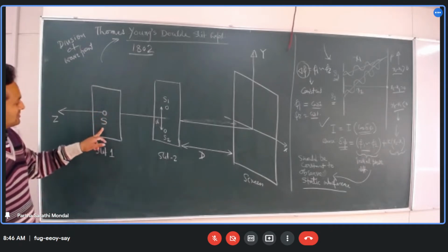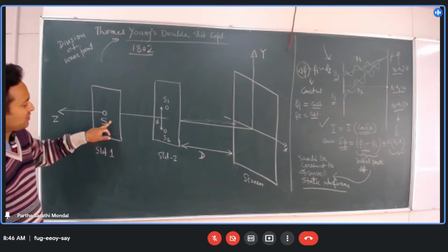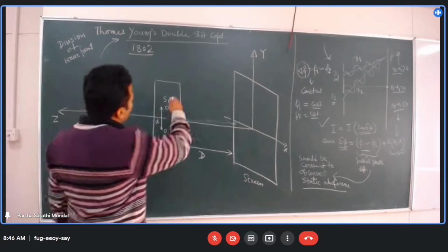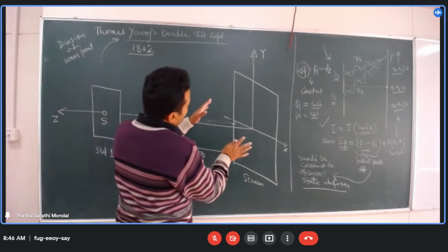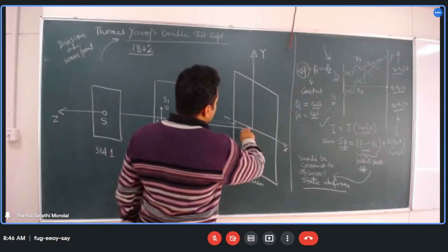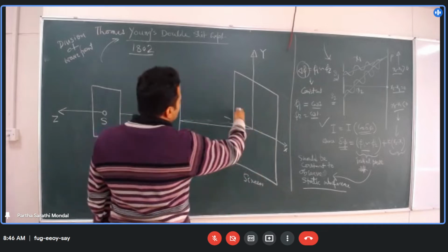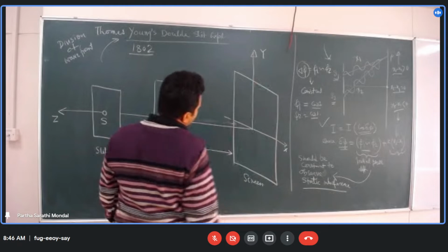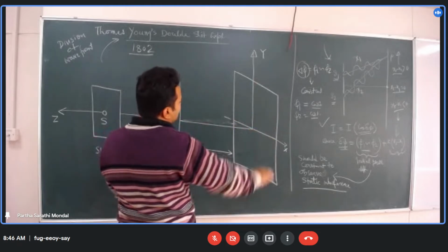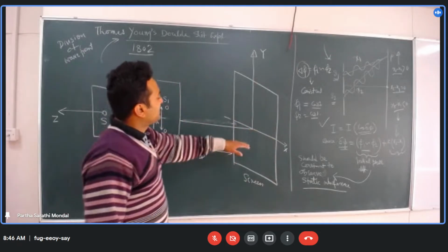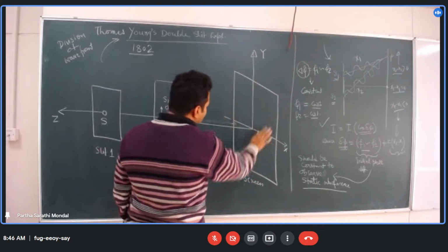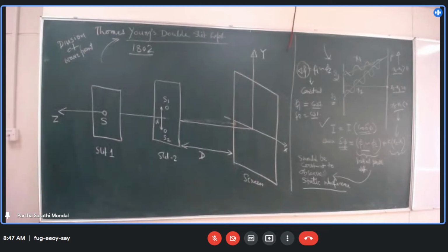This single spherical wavefront will be divided into two parts, S1 and S2, and these two wavefronts will approach each other along the negative z direction, and they will meet in this area. Now, if I put a screen here in the xy direction, then you will have an intersection with the interference pattern, and you will see the 2D interference pattern on the screen. This is the arrangement of Thomas Young's double slit experiment.